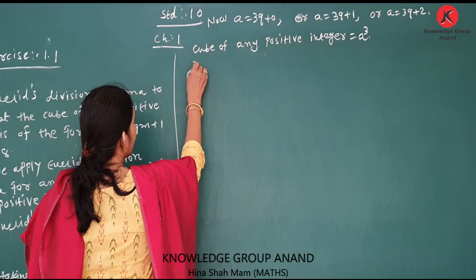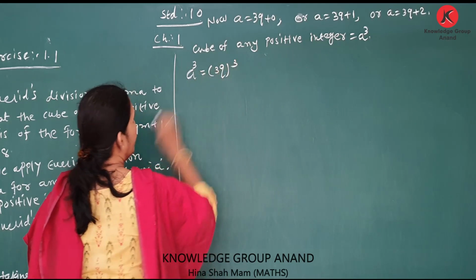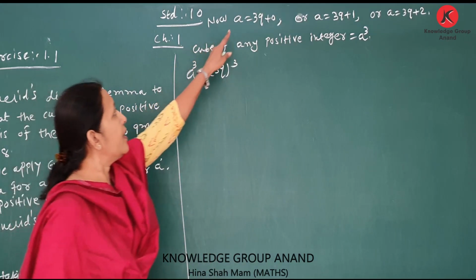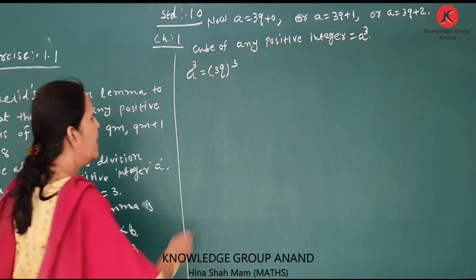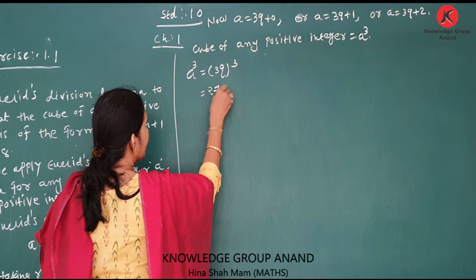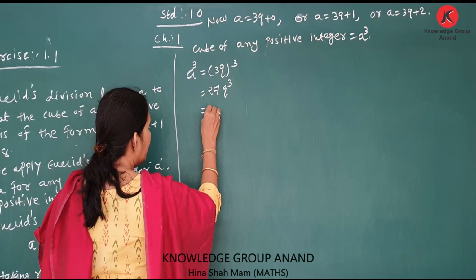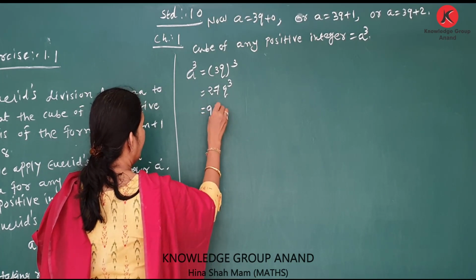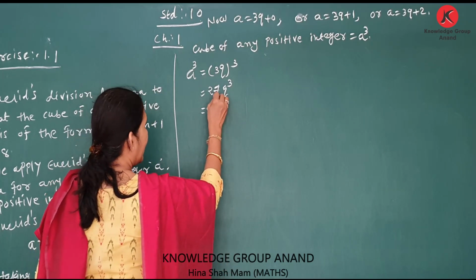A cube is equal to 3q cube, which is 3 cube q cube, is equal to 27 q cube, is equal to 9 into, here we form 9m.